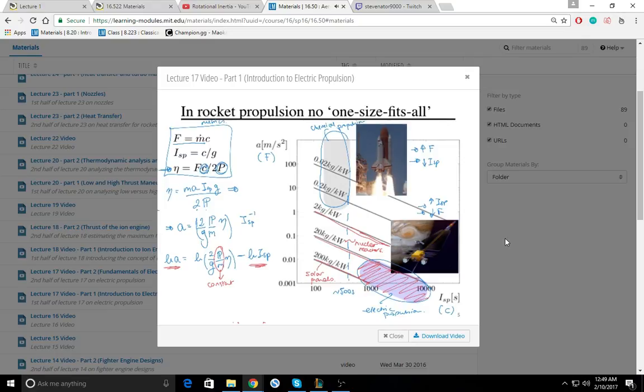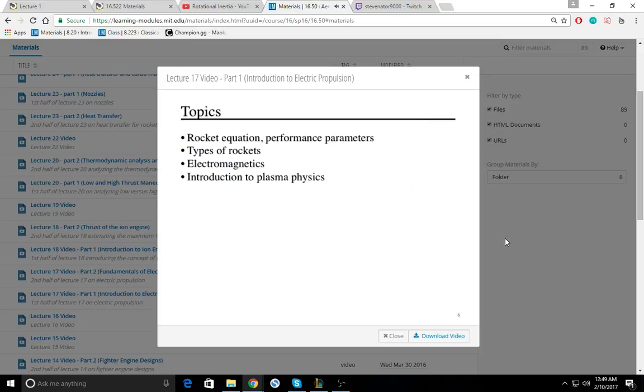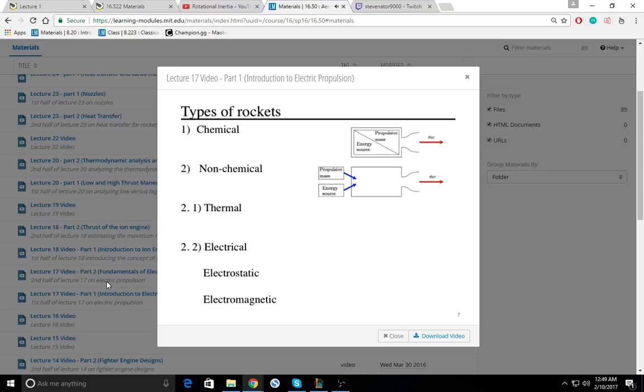Any question? Okay. So with that, the types of rockets, chemical and non-chemical, let's go into a little bit more detail to answer your question that you had before. So basically, we have 2 types of rockets, in very general terms.